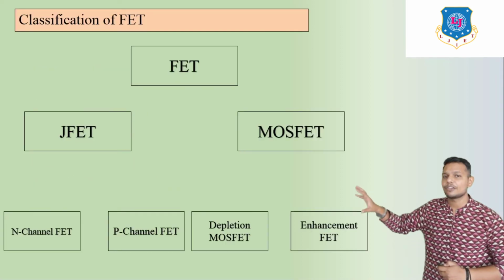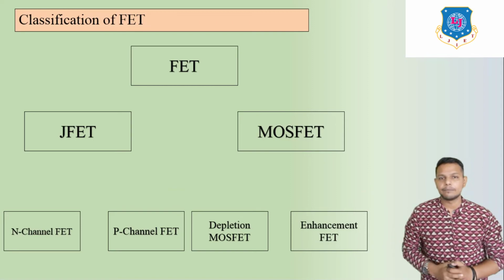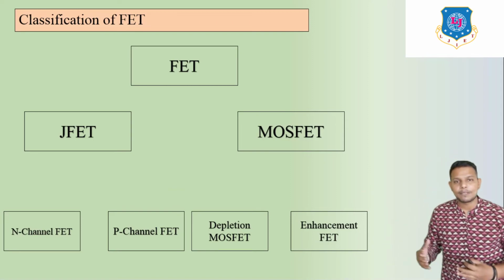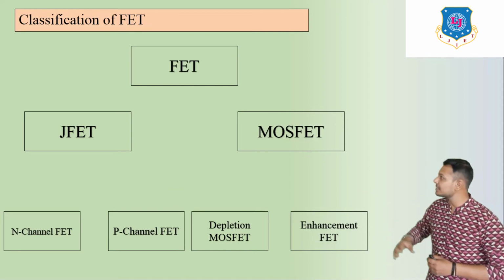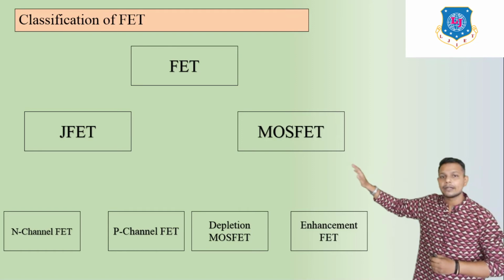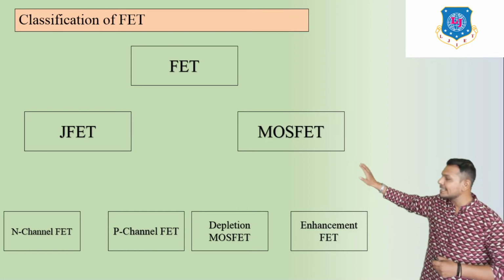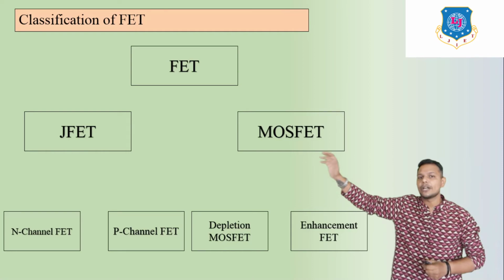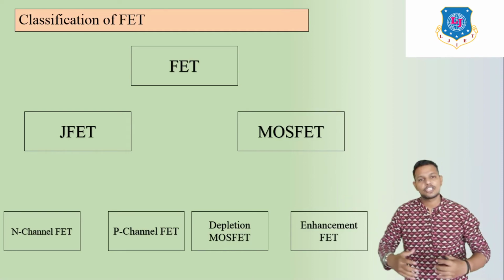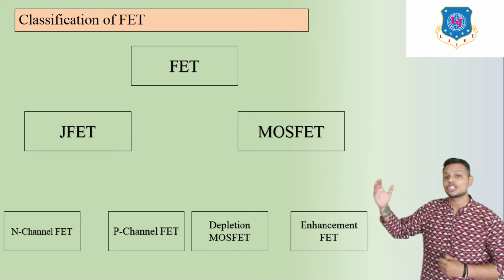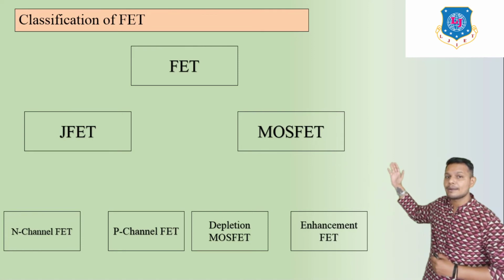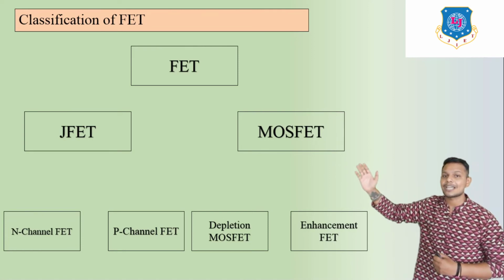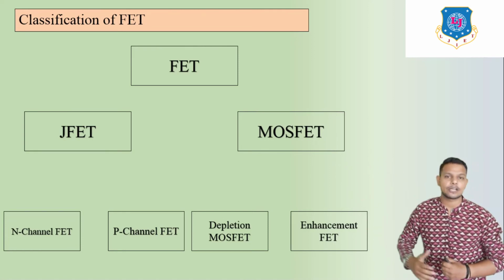Here is the classification of FET. FET, that means field effect transistor, is divided into two parts: one is JFET and another one is MOSFET. JFET means junction field effect transistor, and MOSFET means metal oxide semiconductor field effect transistor.